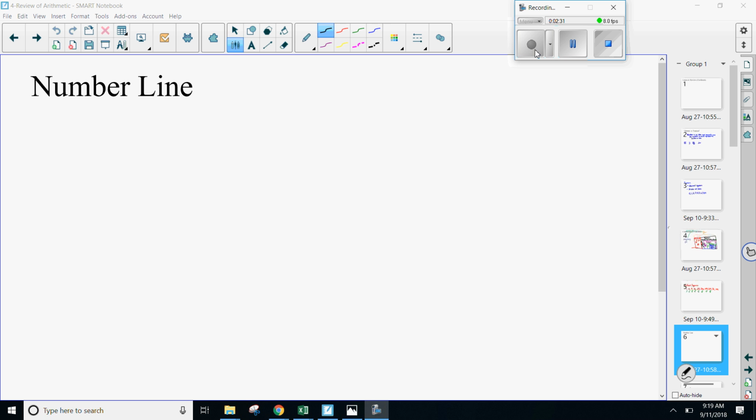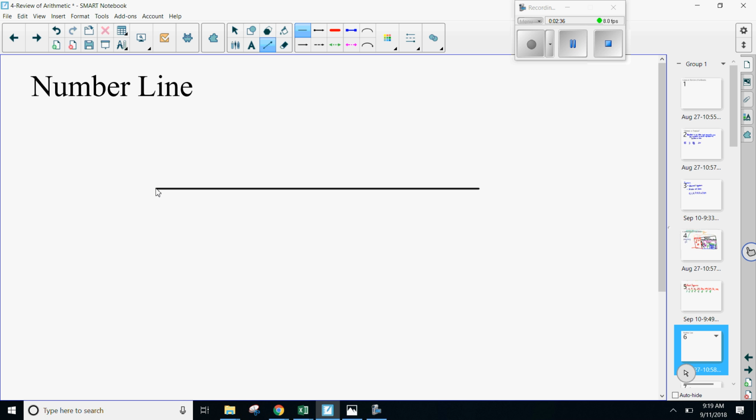As you look at the number line, we know that a number line goes on forever. Do you know what we call that when we move on to the right forever? It will be positive values.